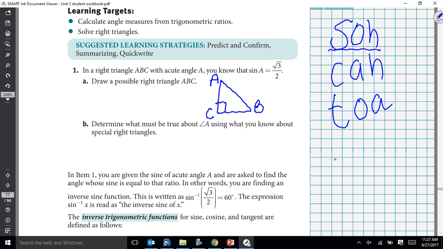Sine equals opposite over hypotenuse. So from A, what's our opposite side? CB, and what do we know about the length of CB? It equals the square root of 3. And then our hypotenuse, which side is our hypotenuse? And we know its length is 2.